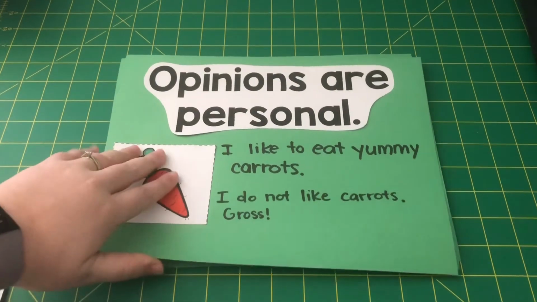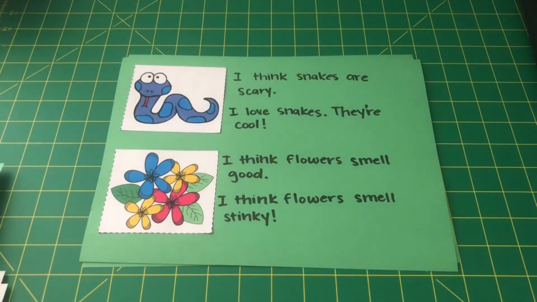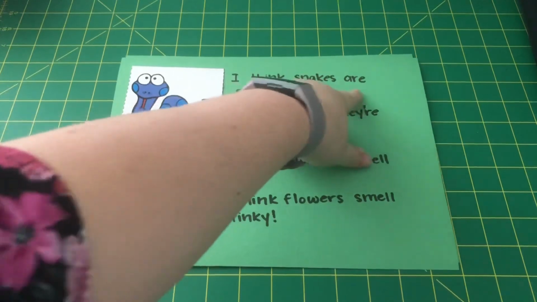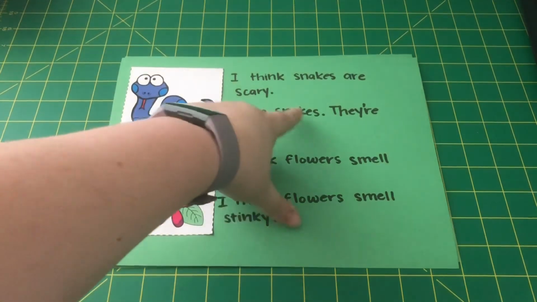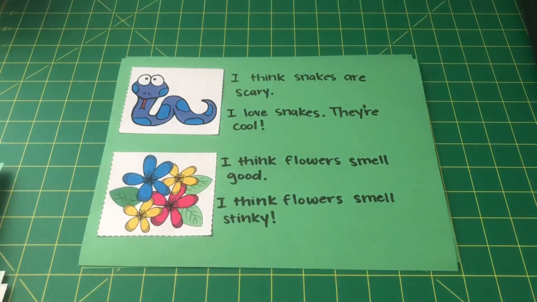We're going to look at our next 2. The first one has to do with snakes. The first one is, I think snakes are scary. And so that's an opinion. You might share that opinion, but you might have a different opinion. The next one is, I love snakes, they're cool. So again, we have two different opinions. One that thinks snakes are scary, and one that thinks snakes are really cool.